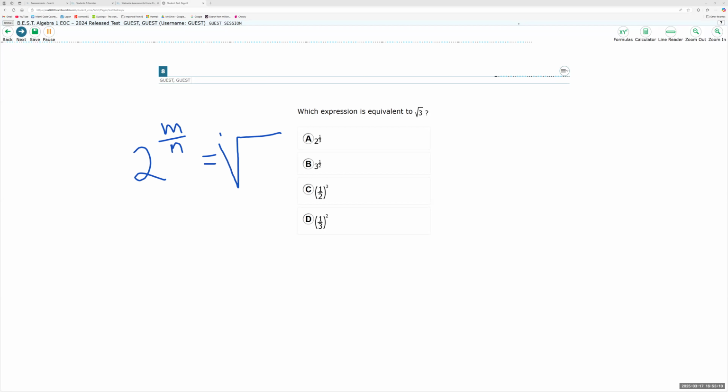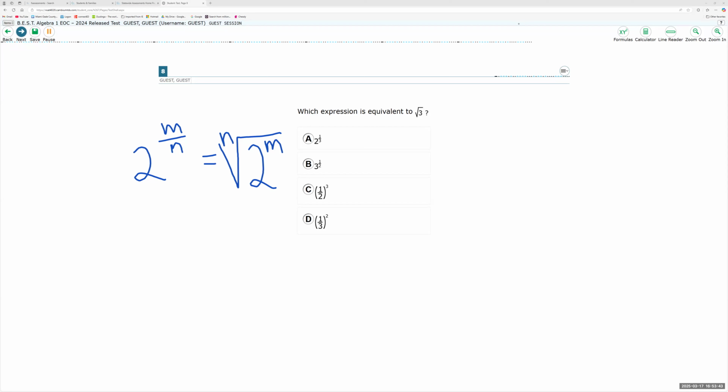The denominator goes in there as the index, and the 2 to the m stays inside. The denominator, the division, is the index of the radical, because taking the square root is like going to a smaller number, which is like division. So the square root of 9 is 3. It's kind of like dividing 9 into a number that is the same. So 3 times 3 is 9.